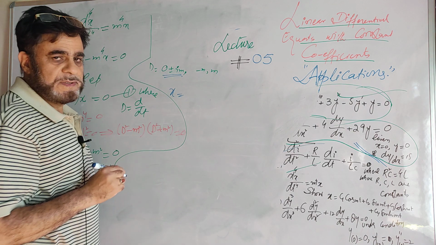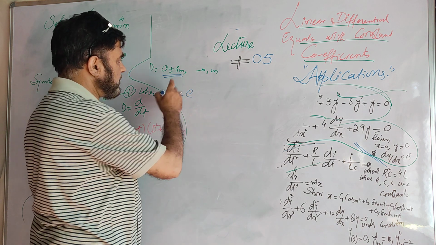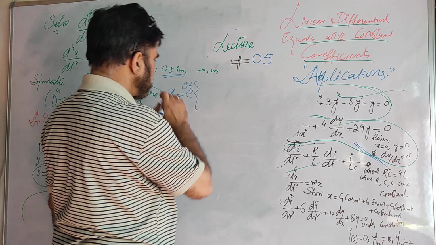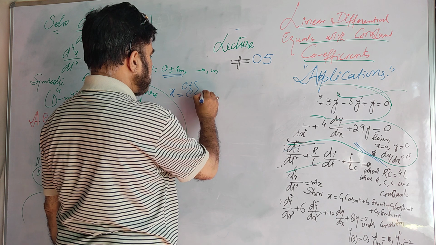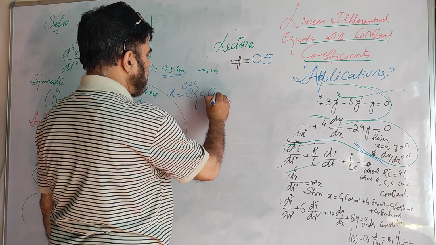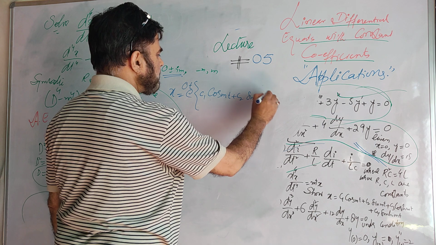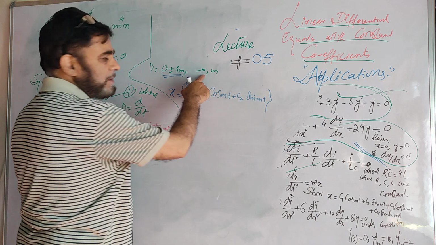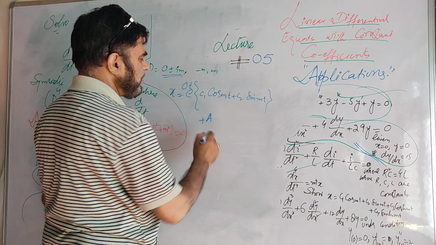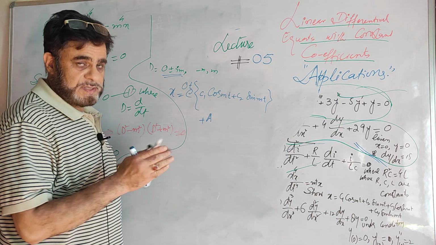Corresponding to these two complex roots, you write e raised to power the real part, that is 0, into t, then with constants c1 cos of mt plus c2 sine of mt. Then for these two roots I will use constants a and b, because in the answer he has used c3 and c4, but here two constants will get merged.